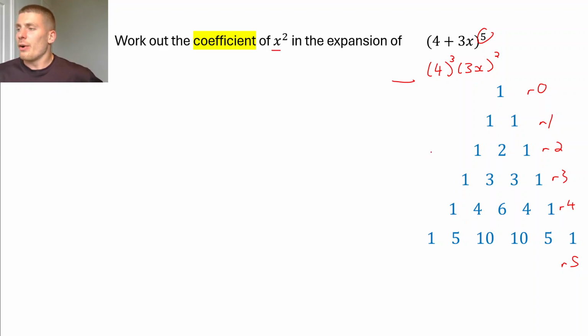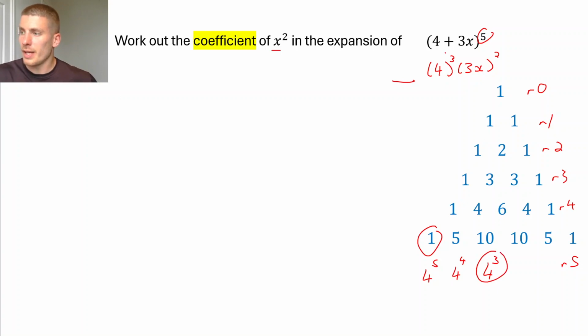Okay, excellent. Now, here we've got 4 to the power of 3 as our first term. If you were to work through this, you would begin at the start with 4 being raised to the biggest power, which is 5. You then reduce it by 1, which would give you 4 to the 4, reduce it by 1 again, which would give you 4 cubed. And this is what we want in row 5.